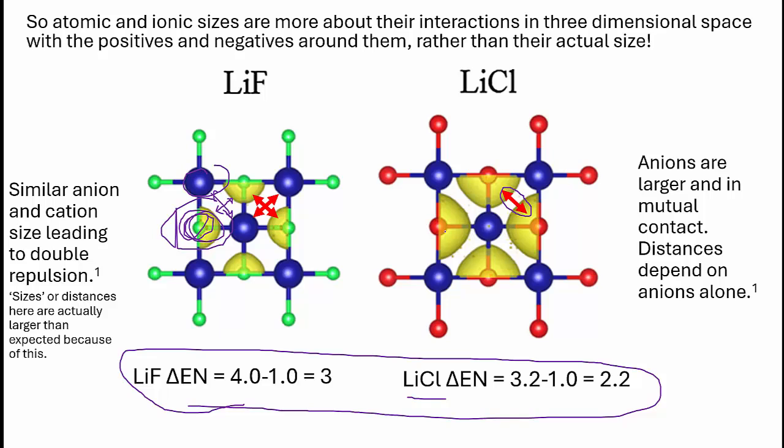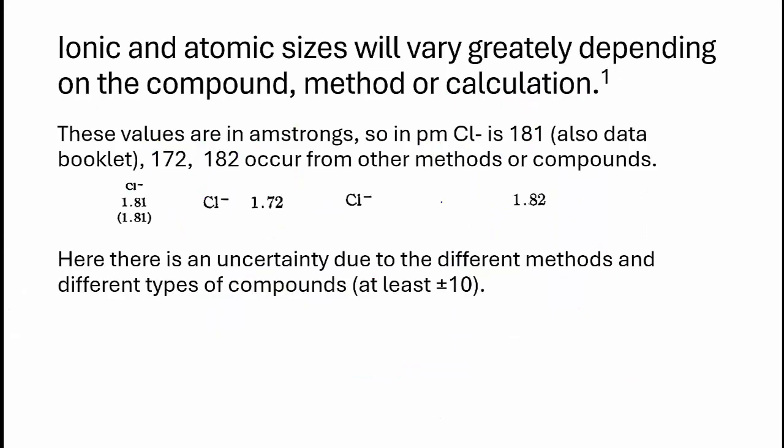It's got to do with the interactions of the negative clouds against each other and other things that are not even included. So the size of the chloride ion is affected by something that's not even chloride, and it can be a variation of different metals as well, and that's all going to affect the size of the chloride ion. So, as you'd expect, you see quite a lot of difference.